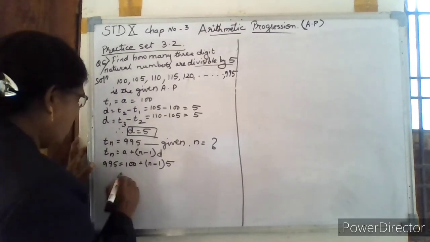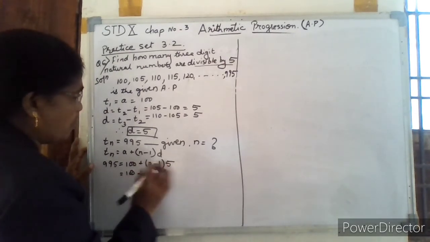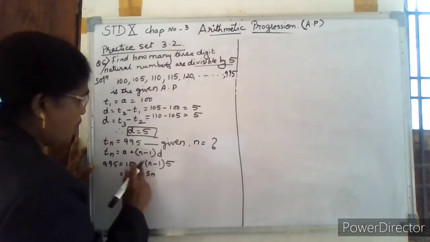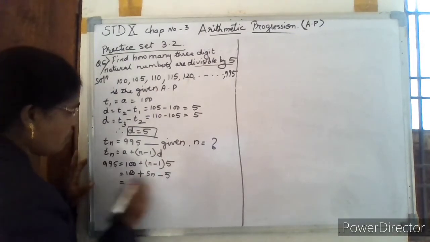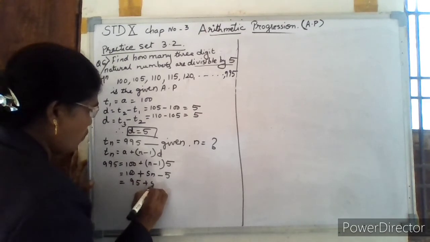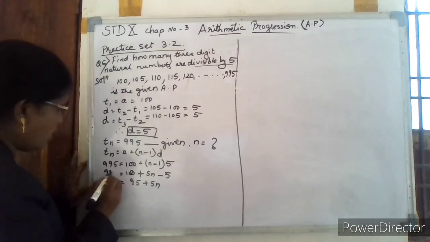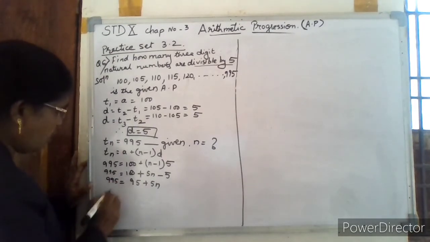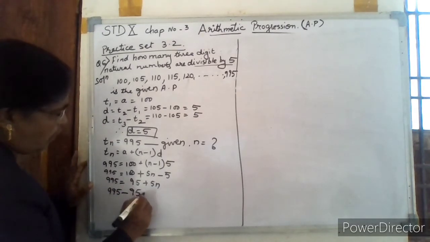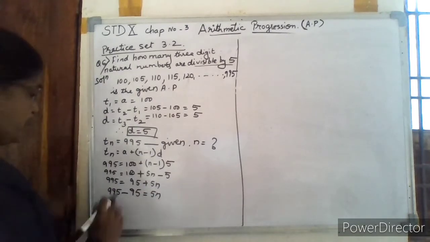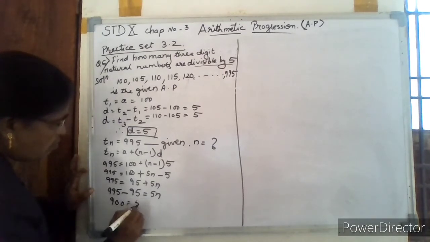So this is equal to 100 plus, binomial into monomial: 5 into n is 5n, plus into minus is minus, 5 ones are 5. So 100 minus 5 gives 95, so 95 plus 5n. Now transfer this 95 here: 995 minus 95 is equal to 5n. 995 minus 95 leaves 900, equal to 5n.